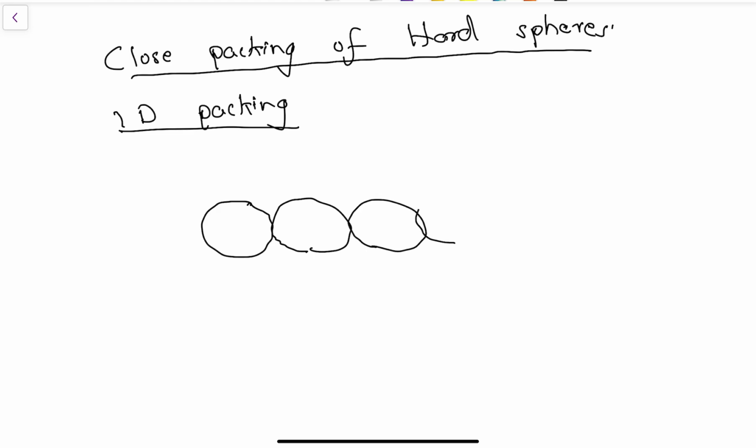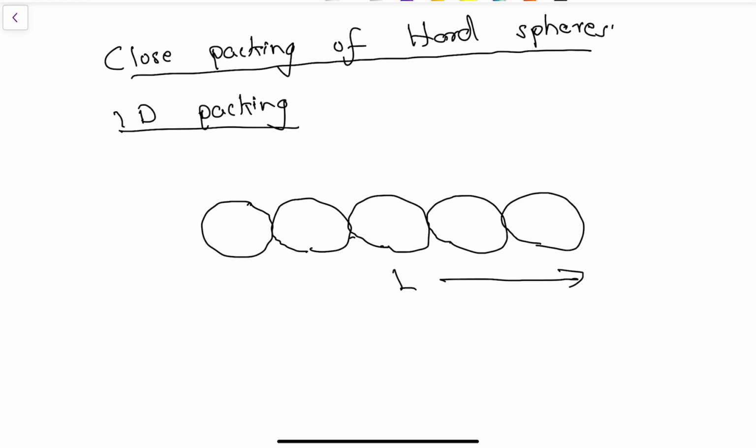So these atoms are lined like this. Okay, so this is the total length. If it is one-dimensional, you can assume these hard atoms are just non-overlapping, that is, they are just touching each other. That is exactly how we can assume them as hard spheres.